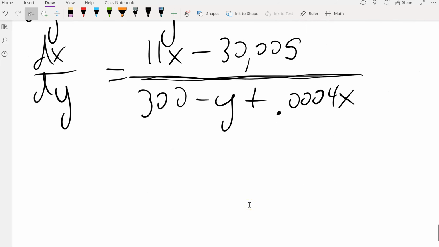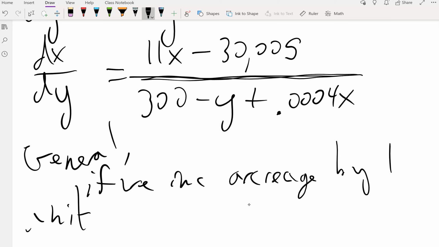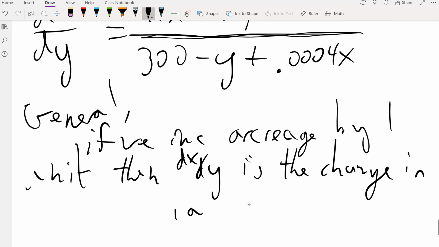In general, what I have right here is this equation that I just found. If we increase acreage by 1 unit, then dx dy is the change in labor hours.